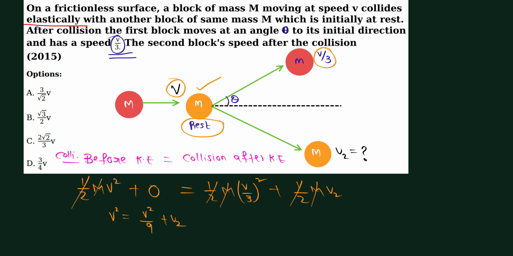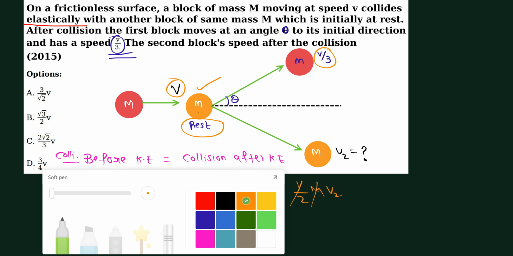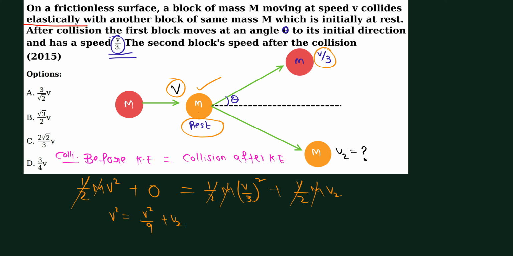So v square equal to v square by 9 plus v2 square. Then v square by 9, you take it to this side, it becomes minus v square by 9.